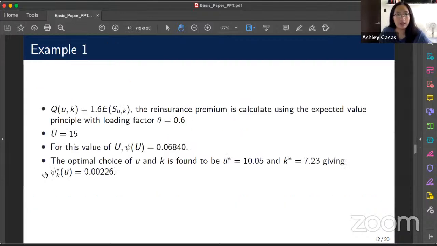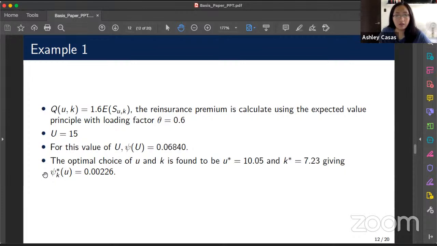So our first example, we set Q of UK to 1.6 multiplied by E of S of UK. So this is the reinsurance premium that is calculated using the expected value principle with loading factor delta equal to 0.6. So they set capital U to 15, and they find that for this value of capital U, the ruin probability under the original process is equal to 6%.